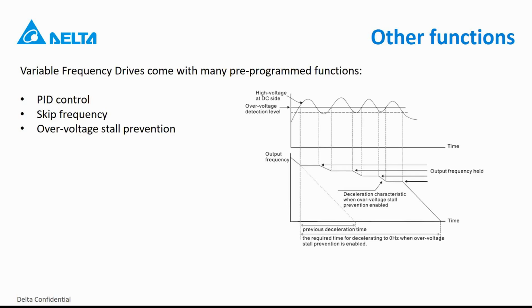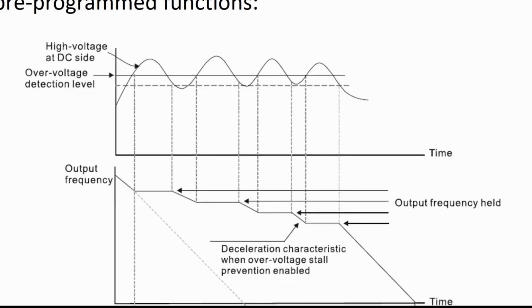What this does is the drive monitors the DC bus voltage. As soon as the DC bus exceeds a certain detection threshold, the drive, you can see here, stops decelerating and just runs continuously. As soon as the DC bus voltage drops again below a certain level, the drive can start to decelerate once again.